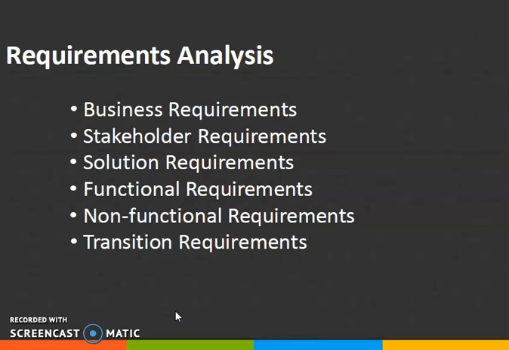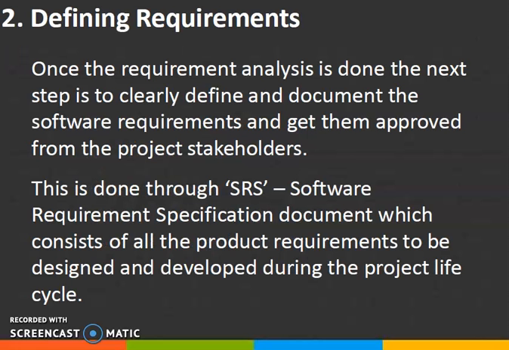Then functional requirements, the various functional areas, and some non-functional requirements. And transition means transforming from one state to another state or moving from one level to another level. We can consider all these requirements while developing a system for an organization.